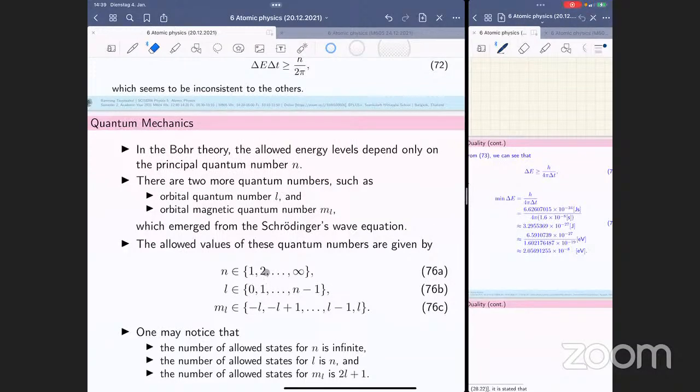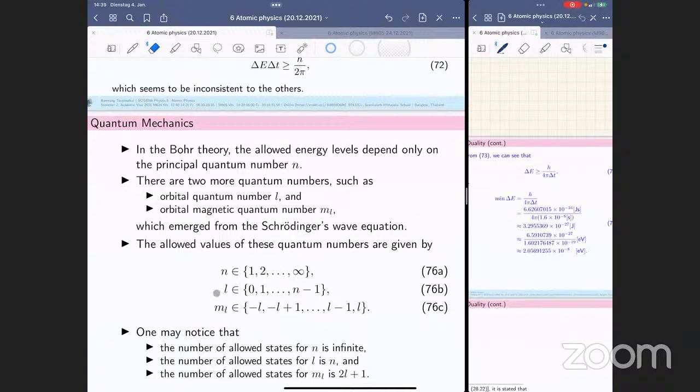And ML is the next quantum number, known as the orbital magnetic quantum number. It's different from n and L. n is only a positive countable number.